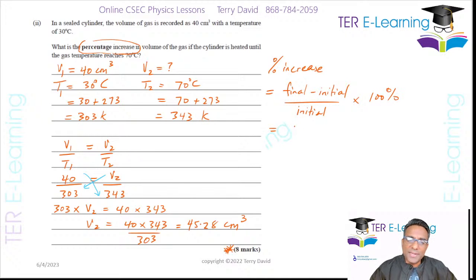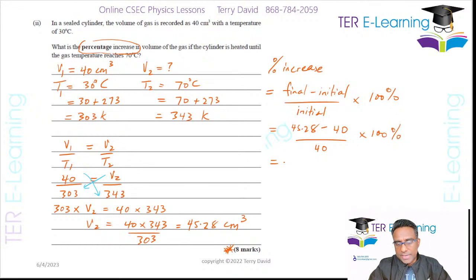So the final volume is 45.28 minus the initial volume, which was 40, and you divide that by 40 multiplied by 100. That'll be 5.28 divided by 40 multiplied by 100%, and you're going to get 13.2%. So when you're answering questions, always go back to what is being asked. You have to go back to see what is being asked.